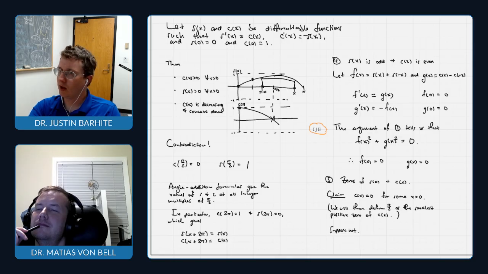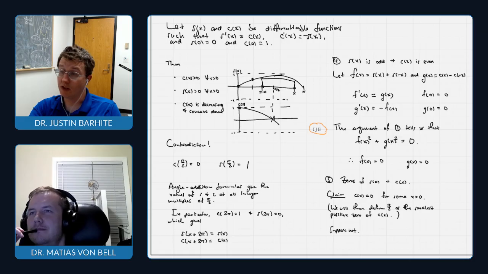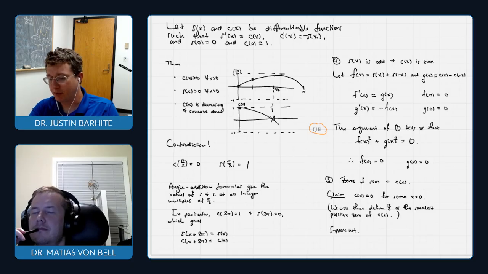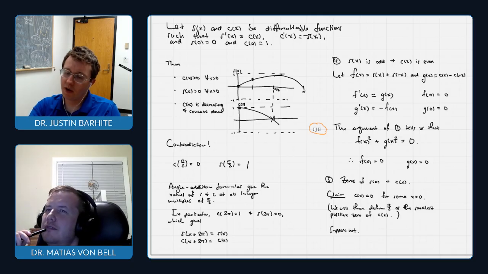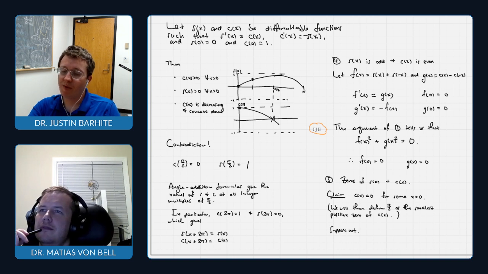And that's just a consequence of the angle addition formula. And similarly, I can rule out zeros between pi and 2 pi for S of x, because a zero at 5 pi over 4 would force a zero at pi over 4, which I know doesn't happen.